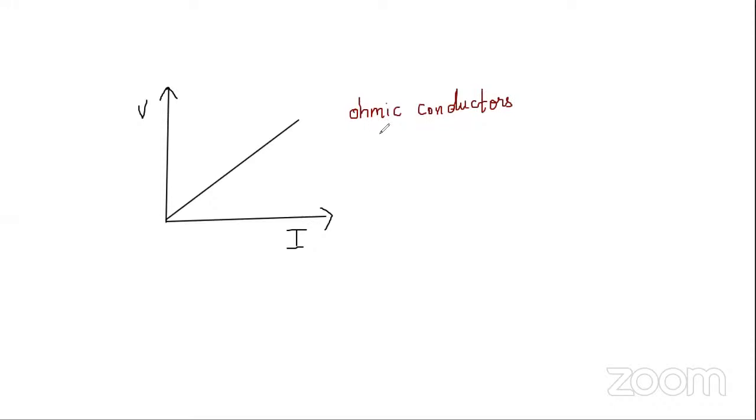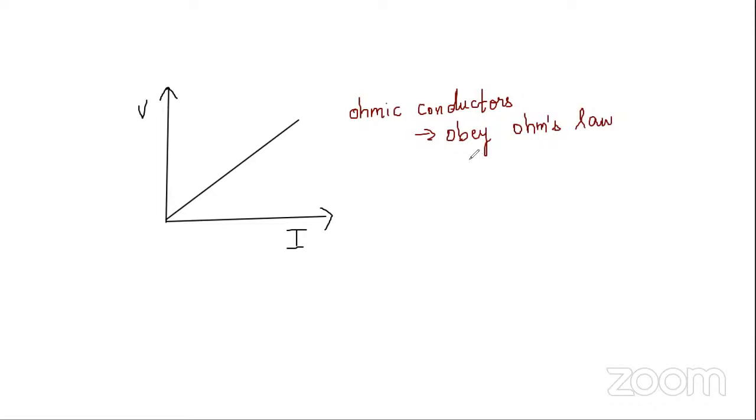Ohmic conductors means conductors that obey Ohm's law. And another condition is that physical conditions should remain constant, then only Ohm's law is obeyed.